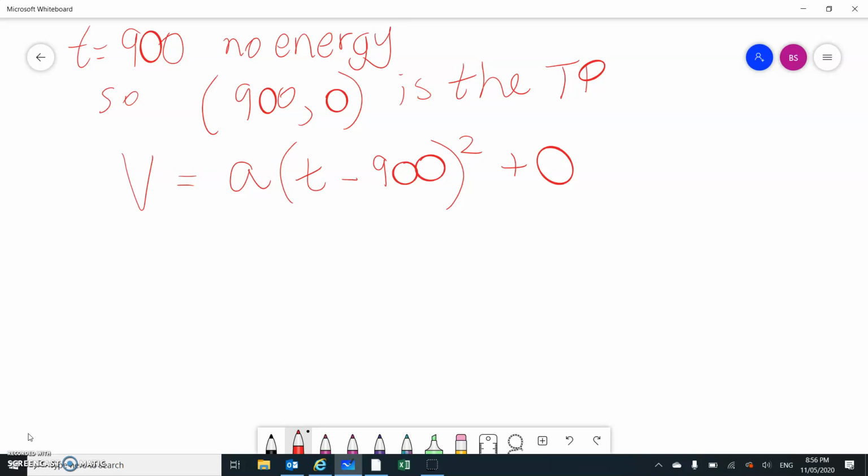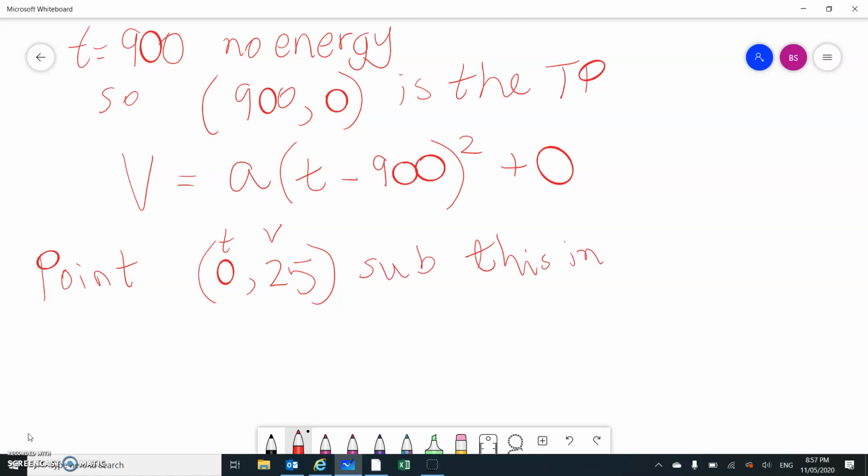If you look at the graph, 0 is your t value and 25 is the v value. We sub this in to find a, and therefore to find the equation. So we sub it into the equation above.